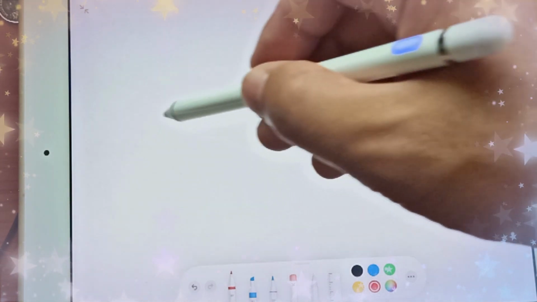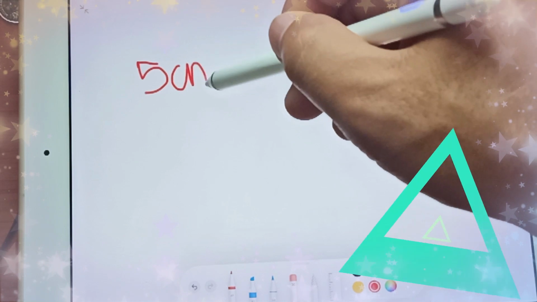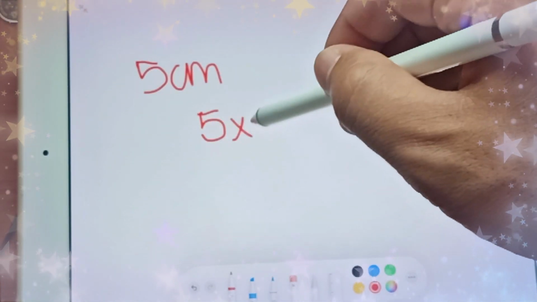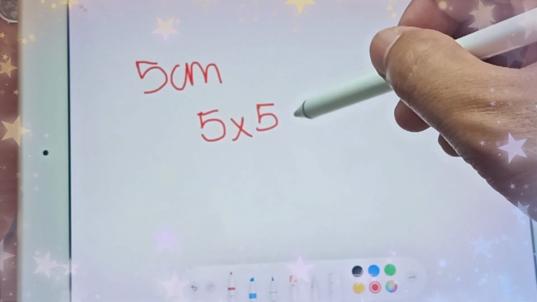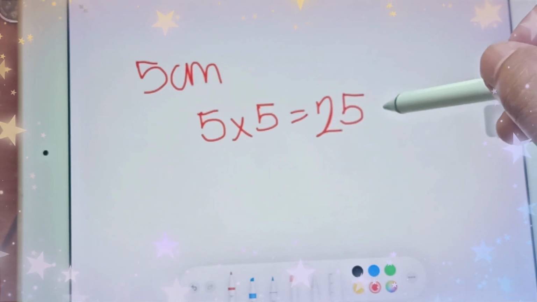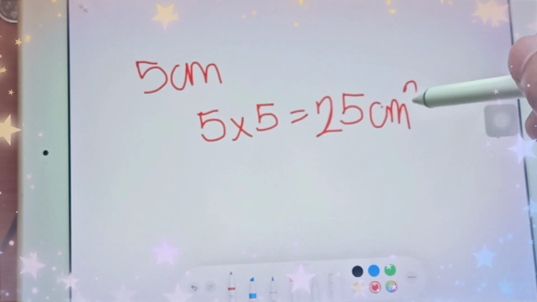For example, the area of a square with side 5 cm is 5 times 5, so the unit is cm, and 5 times 5 is 25. Include the units, so 25 cm square.